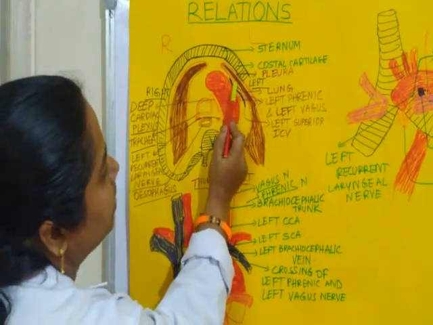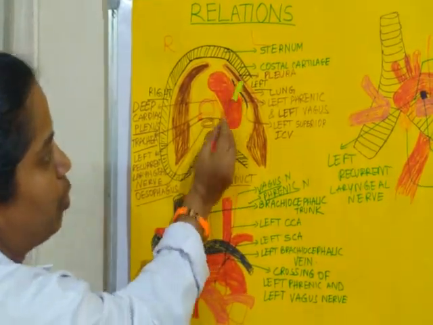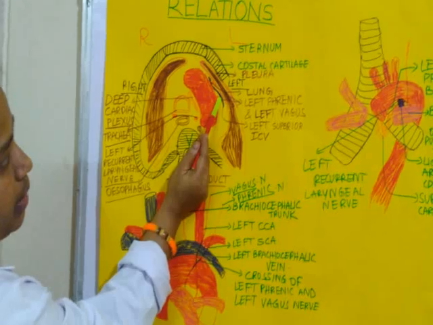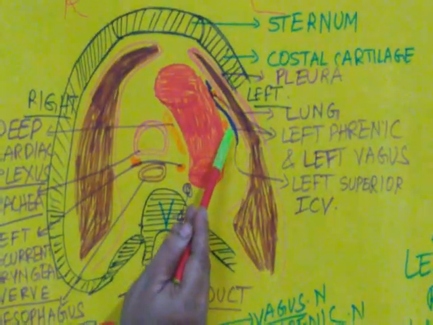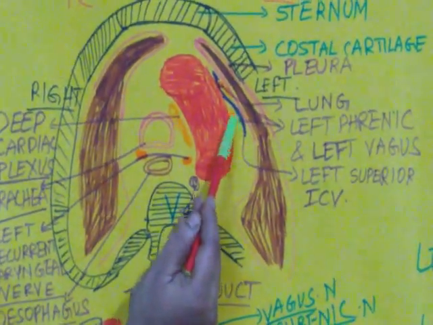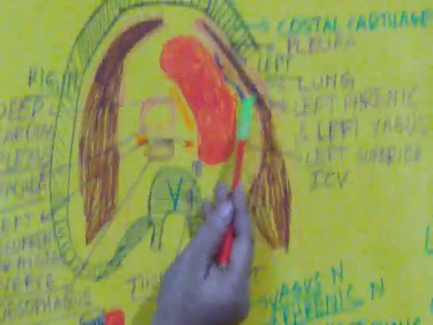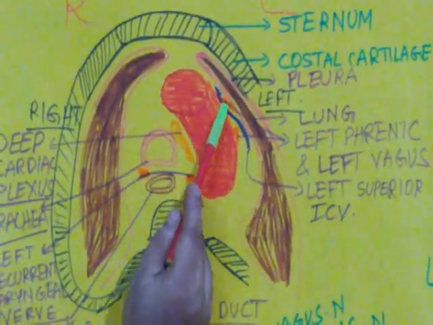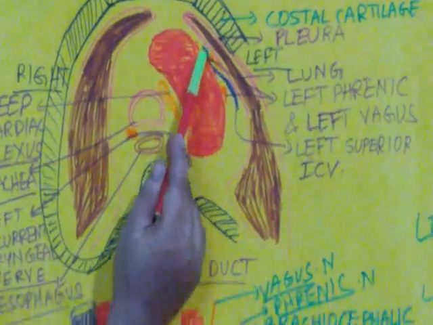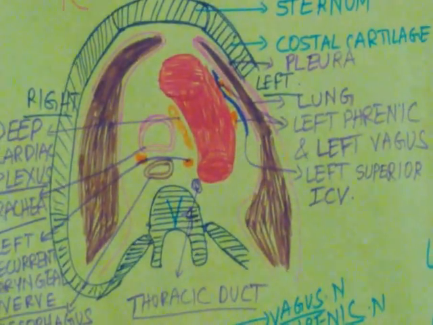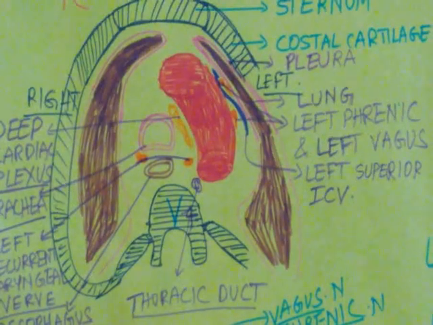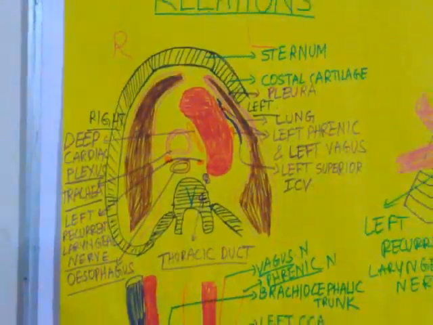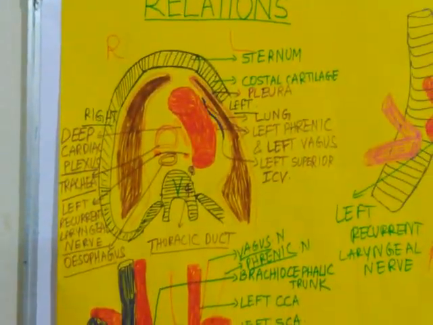You can see here, this is the left phrenic, a very small and minute structure, and this is the left vagus. Between the left phrenic and left vagus nerves you can see one vein. This is the left superior intercostal vein. We have intercostal veins, and the first one is called superior intercostal vein.